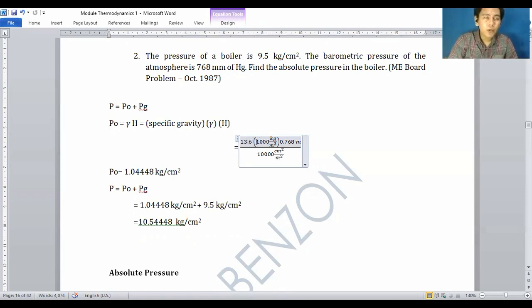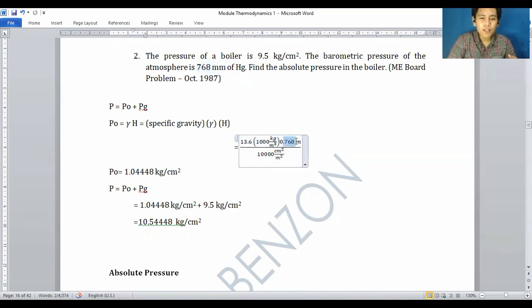So don't forget to memorize or to know the specific gravity of mercury, because it is also a common constant for us engineers in a standard condition. 13.6 times its gamma, 1,000 kilogram per meter cube. Again, this is not a density, but it is a gamma since we don't have mass. And 0.768 meter. Where did we get it? By simply converting 768 mm into meter.